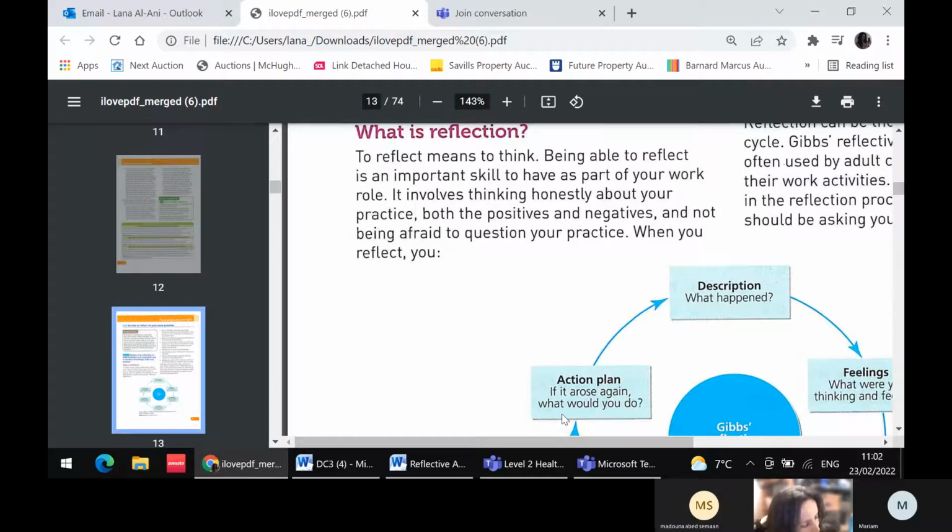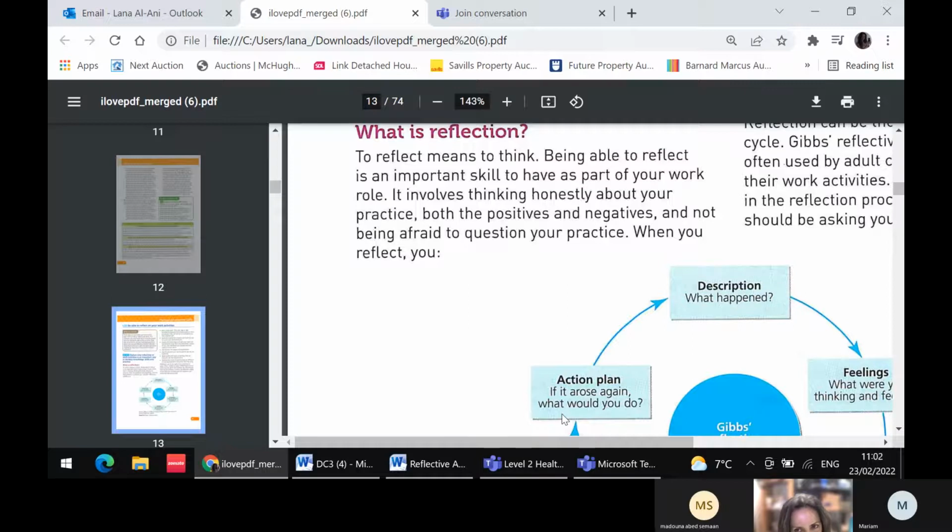Anyone to answer this question? So, for example, you did something. Let us say you made a mistake at work, and then you went home. When you go home, you would be thinking about what you did. Then you think, okay, I think this was a mistake. I shouldn't have done it this way because my training was a totally different way of doing the same practice.